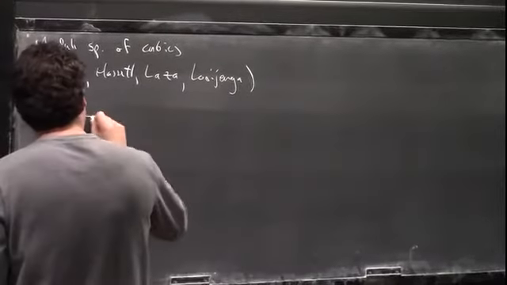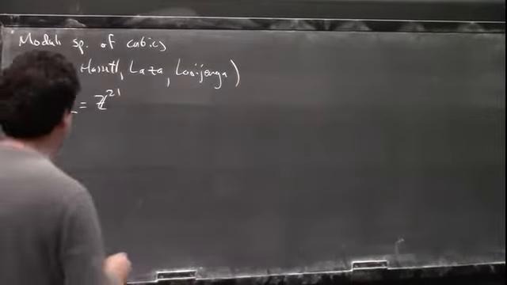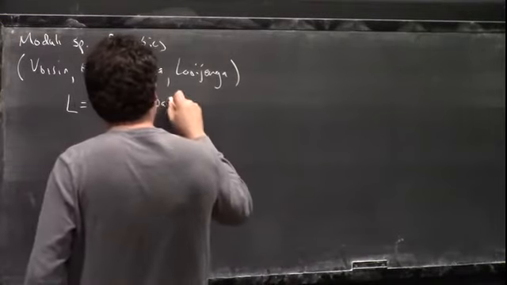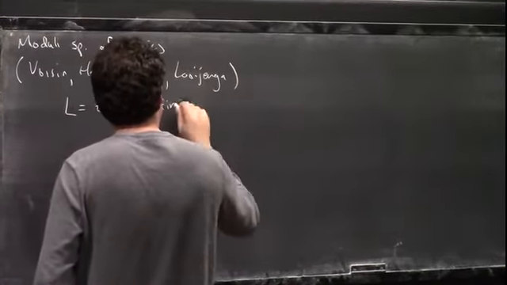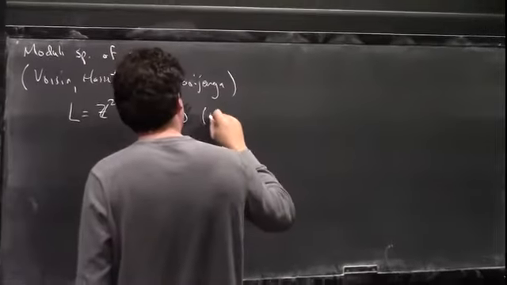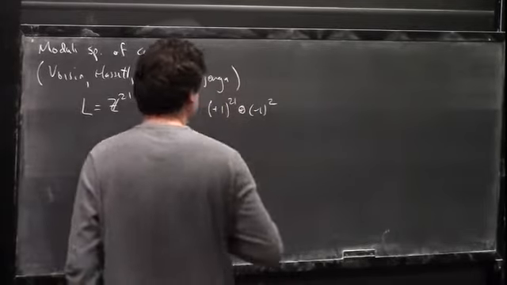So let L be Z^23 with the odd pairing of signature (21, 2). So it's 3 copies of +1 and 2 copies of -1.